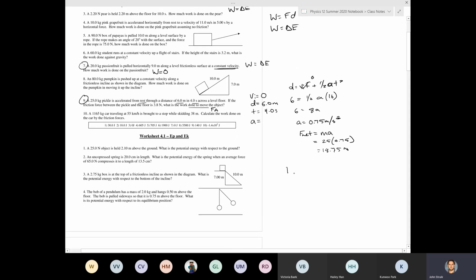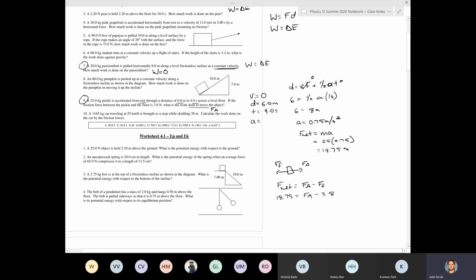So based off of our FNet, we have an FA going to the right and an FF slowing it down. Okay, I just found out that I found my FNet, but FNet is FA minus FF. And so the net force is 18.75. I don't know my FA, but I know that FF is 3.8.